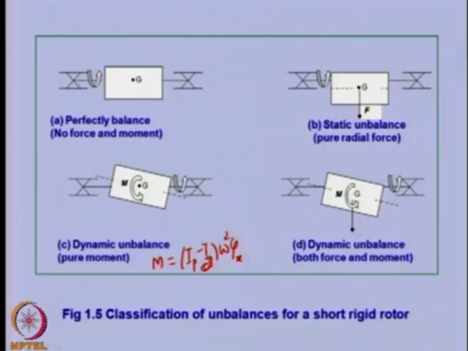The fourth case is the combination of the moment and the force, due not only to the tilting of the rotor but also to the radial shift of the rotor. So, this will produce both force and moment, and you can see that case B requires a single plane to balance, but cases C and D would require two planes to balance.